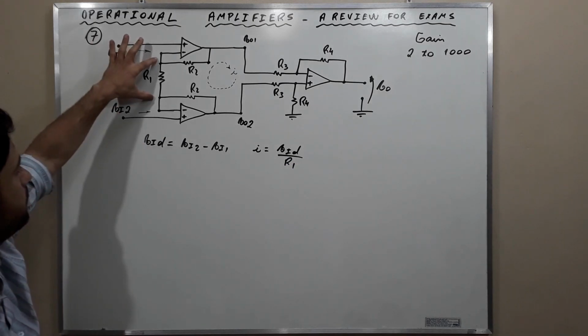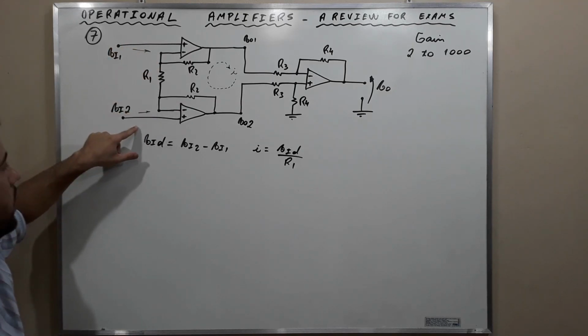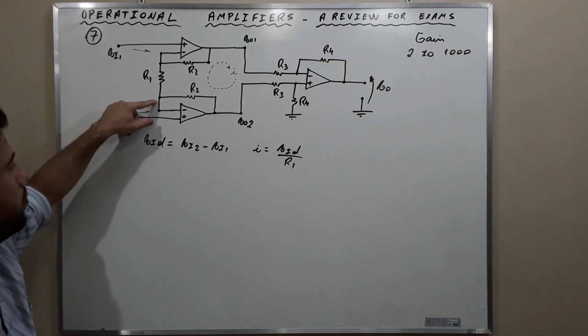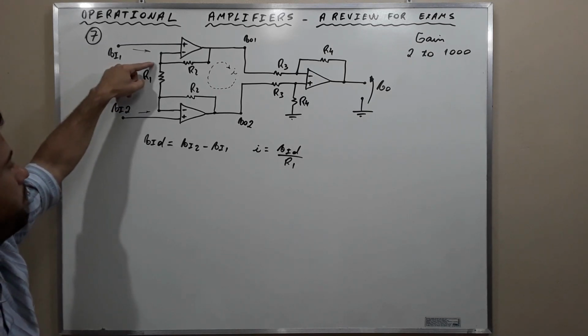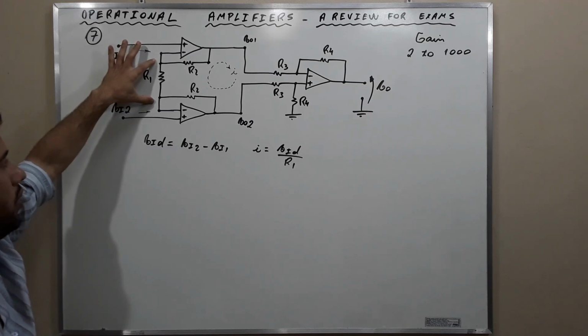We have here VID, okay, because we have understood that this voltage is going to appear here and this voltage is going to appear here. Then the voltage across the resistor R1 is VID.